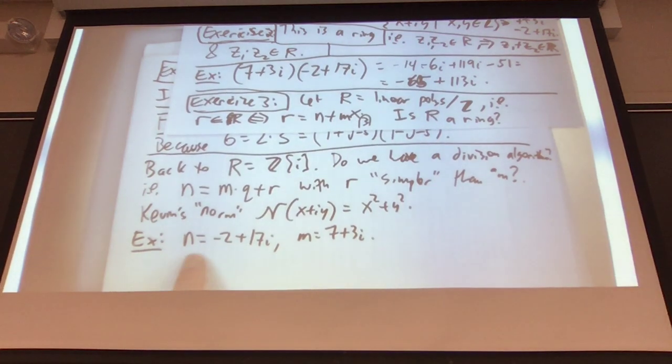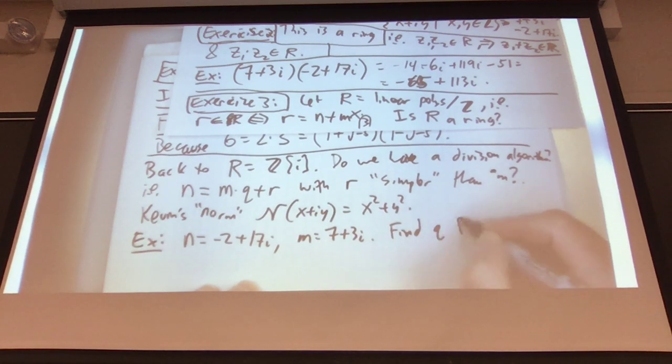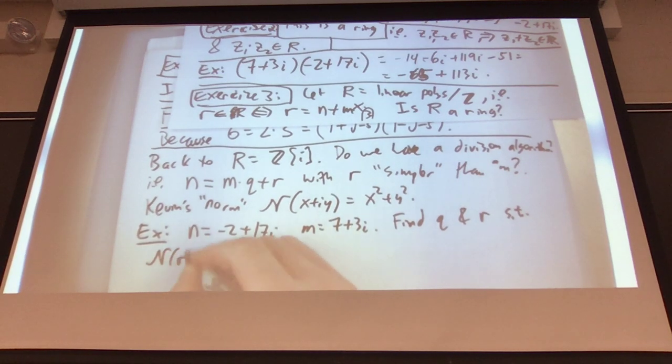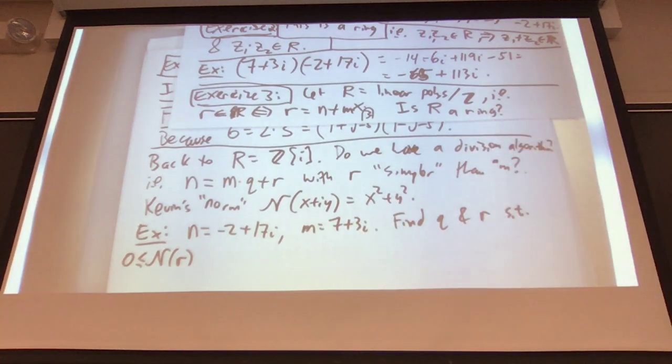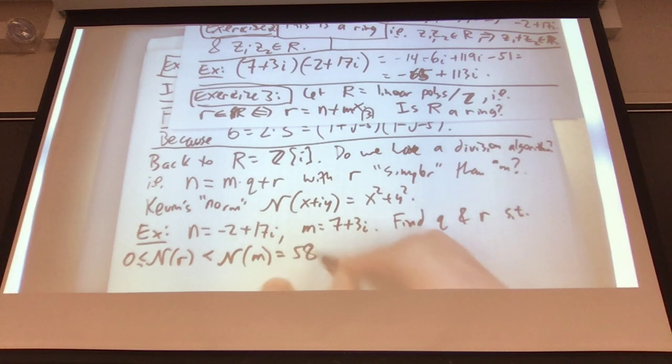So n is the bigger one. So find q and r as Gaussian integers so that the norm of r, it might be 0, but all I want is that it's strictly less than the norm of m. And the norm of m, just to get it on paper, 49 plus 9, 58. Does everyone understand the challenge?